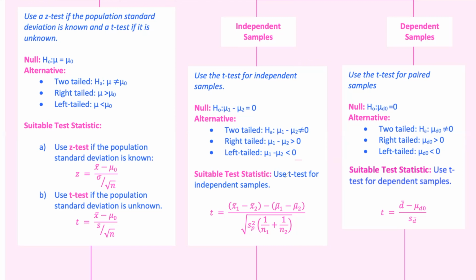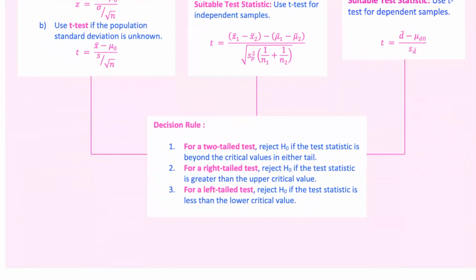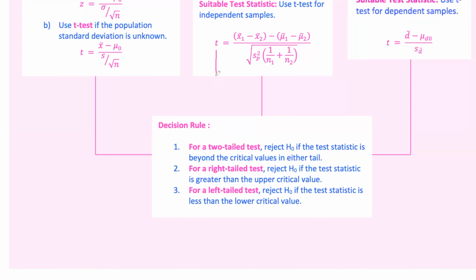We use the t-test for independent samples as our test statistic. This is the formula for the test statistic. Now, for the decision rule, compare the calculated t-value to the critical value from the t-distribution table. In a two-tailed test, we reject the null if the test statistic is beyond the critical values in either tail.